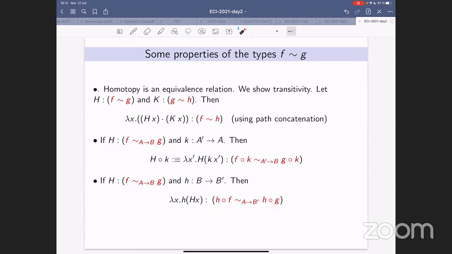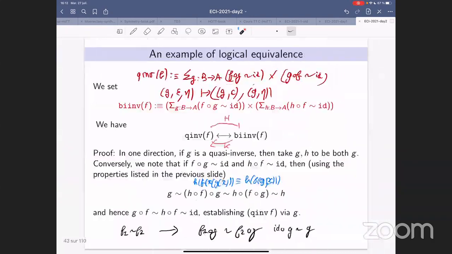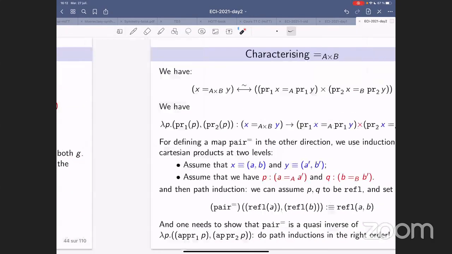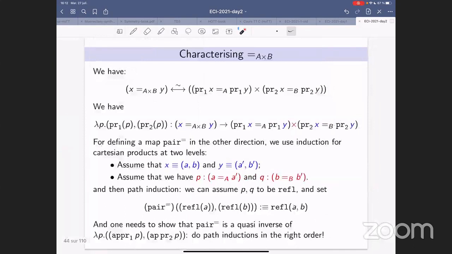These are mostly what I used in my argumentation that Q inv and B inv are logically equivalent.